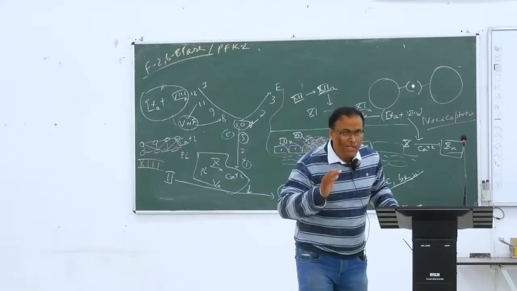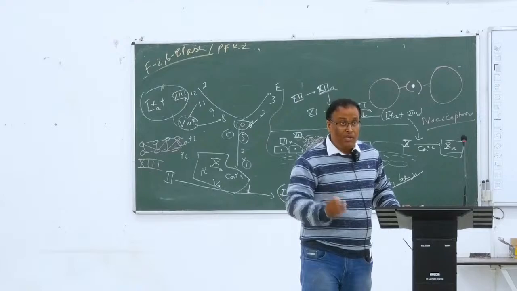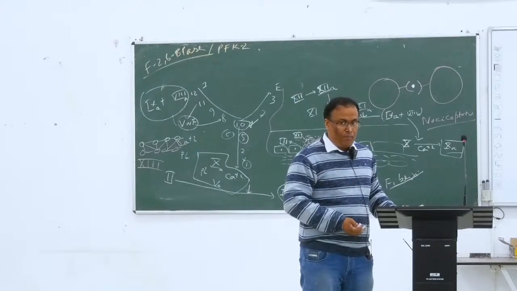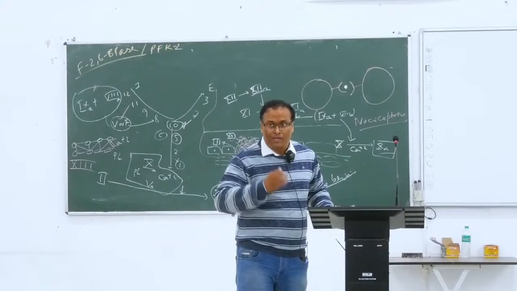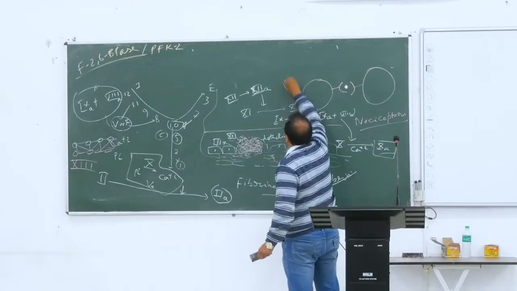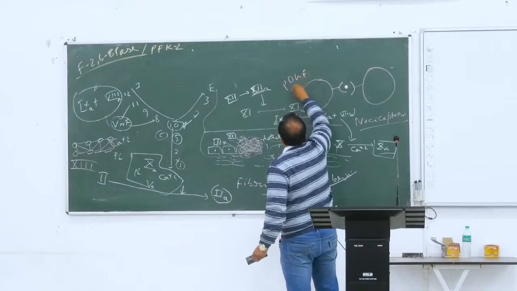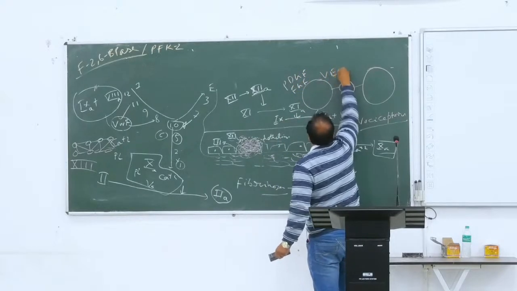You already know that in the alpha granules, some growth factors of platelets are released: platelet derived growth factor, fibroblast growth factor, and vascular endothelial growth factor.